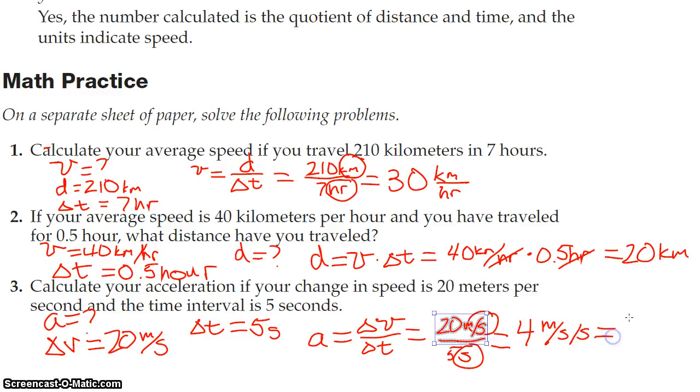We could also write that as 4 meters per second squared, because they're essentially both in the denominator. Another way of looking at it is like this: meters per second times 1 over second, and if you do that out, it's going to end up being meters over second times the second squared.